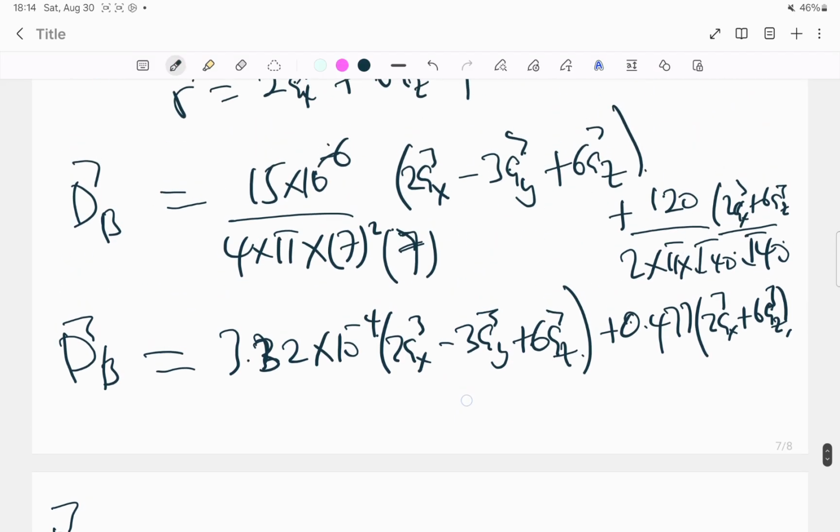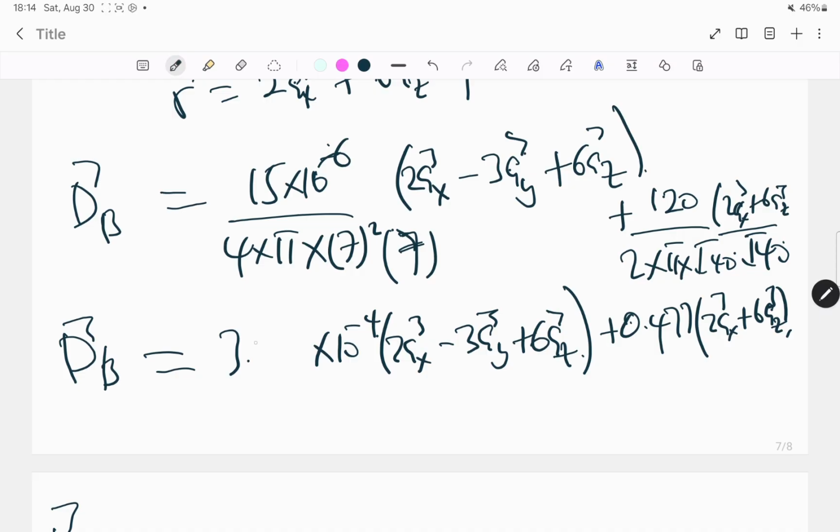Okay, let me try and get this one again: 4 times pi times 7 over 3 inverse times 1/5. Okay. Now it's 3.48.